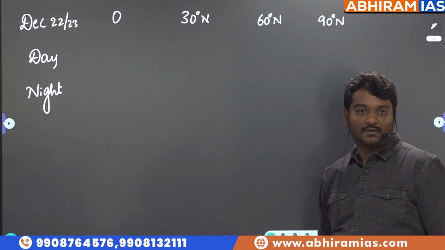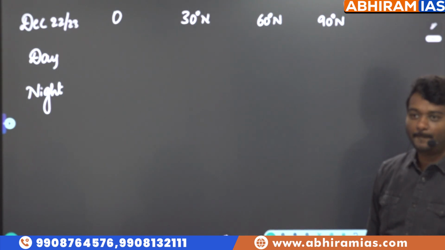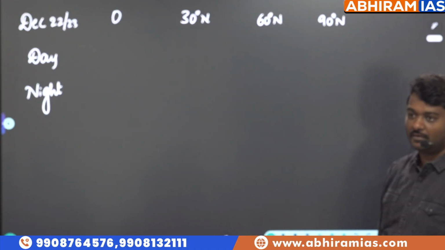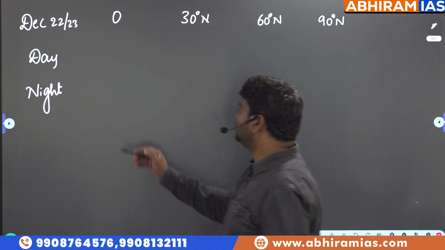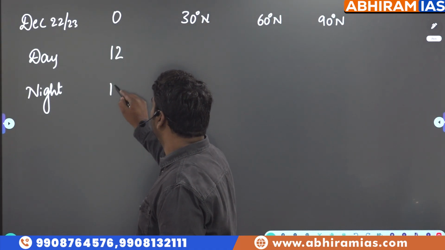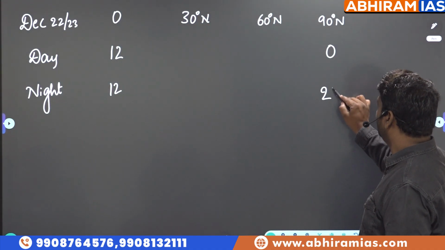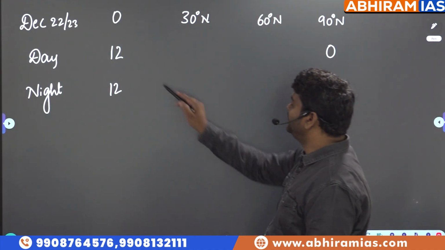Can you try now? What would be the time? December 22nd or 23rd? Equator, I told you. What is the case with equator? Always 12 hours. Can we say near North Pole it will be 0? 24. That means it decreases.